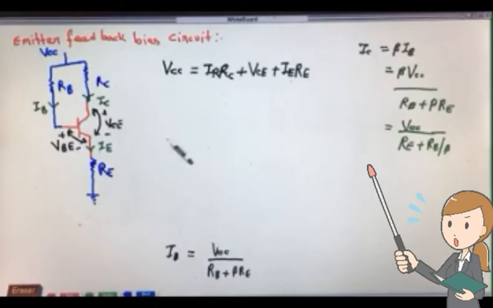So VCE equals VCC minus IC RC plus RE times IE, because IE is equal to IC plus IB.